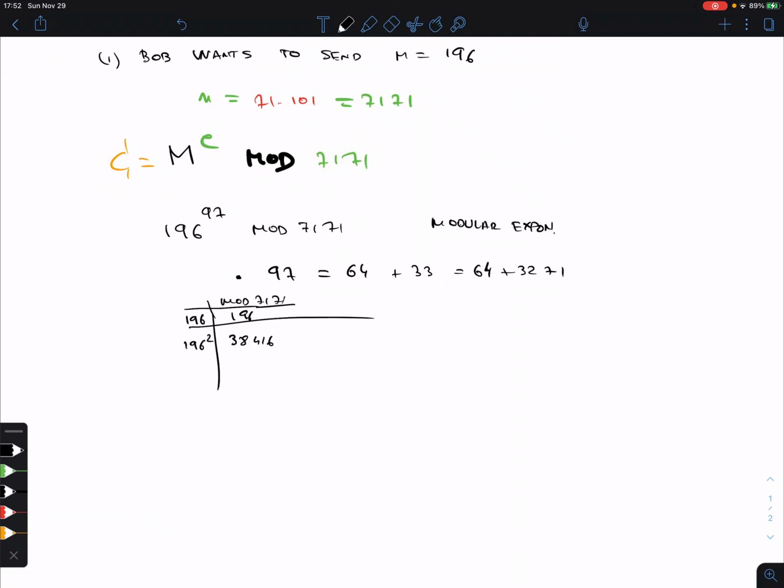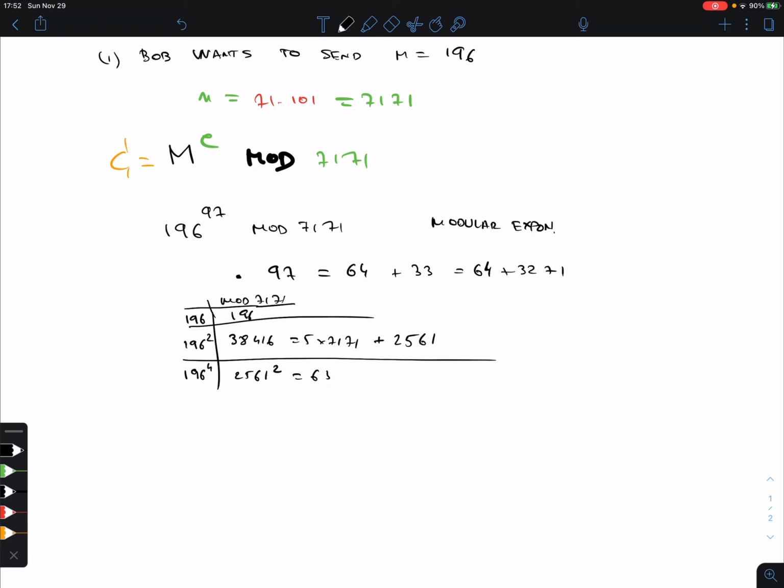That is 5 times 7171, and subtract from 38416. That is 2,561.